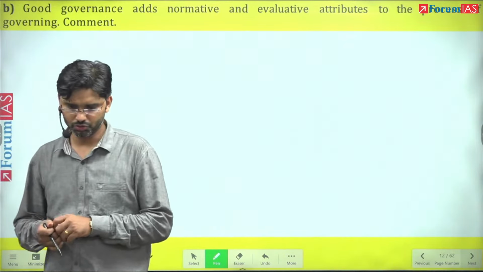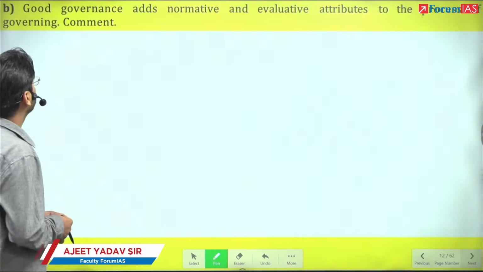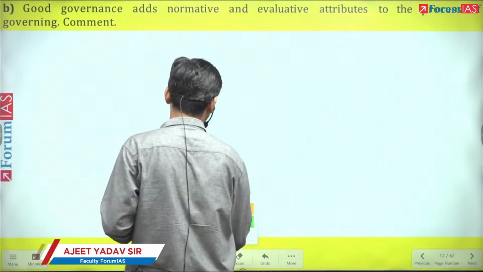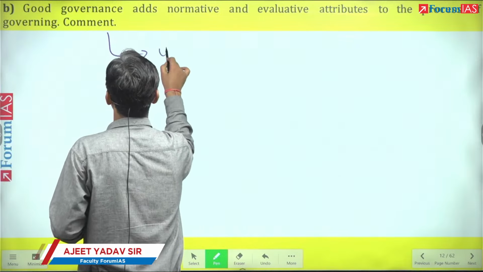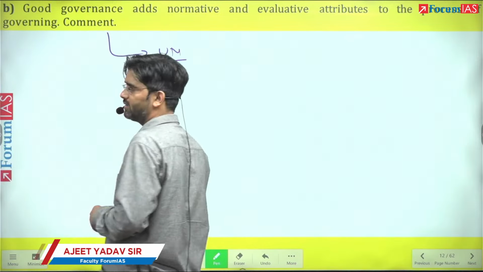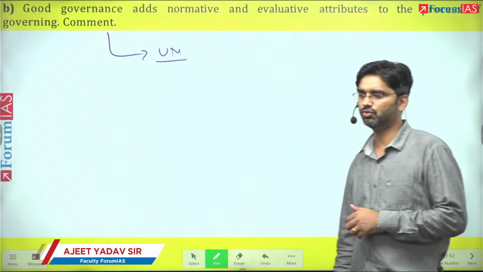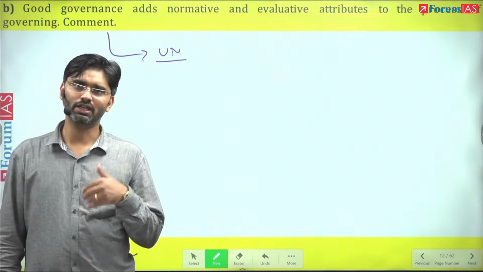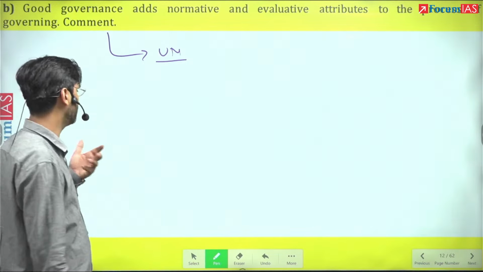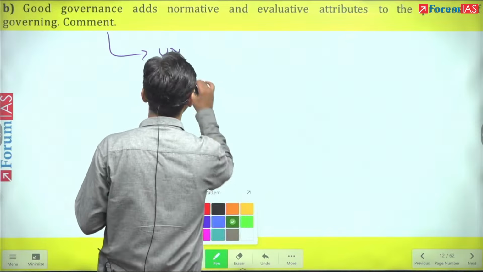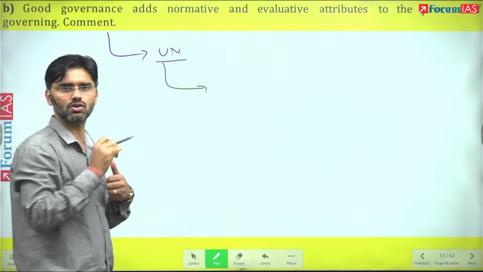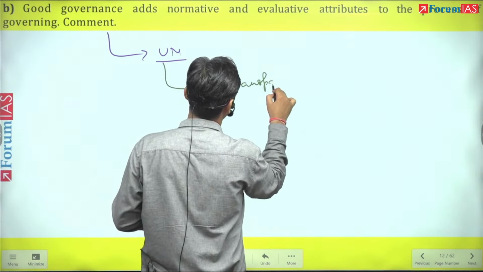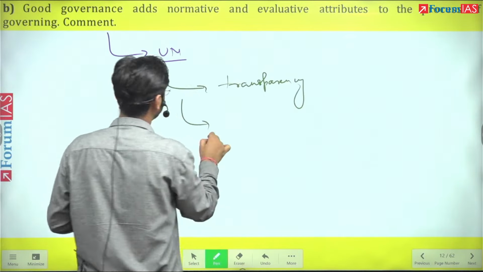Question number 2b. Good governance adds normative and evaluative attributes to the process of governing, comment. This is actually the definition given by United Nations. Okay, you don't need to go into the wordings because the wordings make it look a little bit difficult. Focus on the key features of good governance, for example, transparency, right?